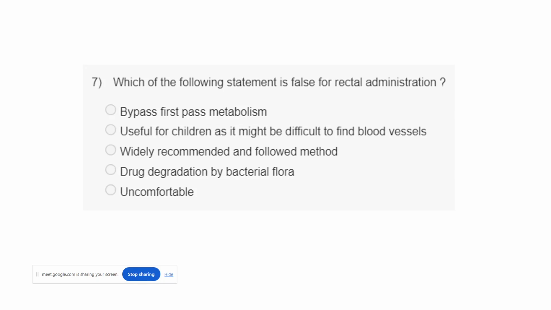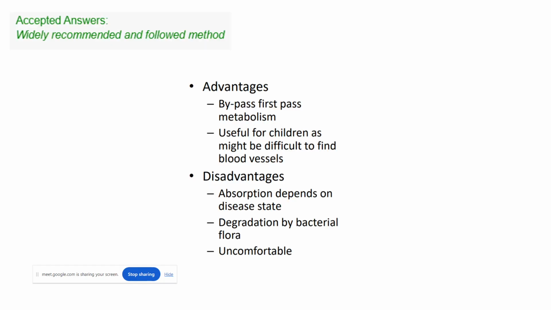Which of these is the false statement for rectal administration? Okay, option 3 would be the correct answer: widely recommended and followed method.